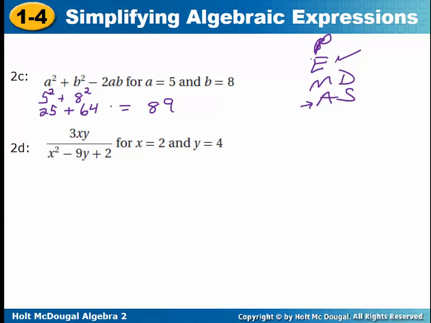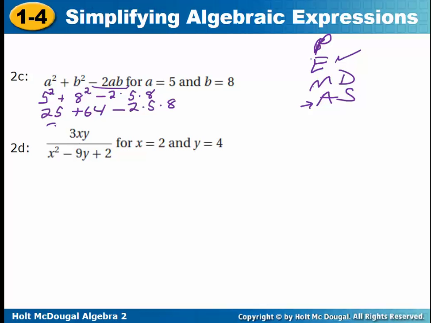Oh, I forgot the minus 2ab. So I will go back and go minus 2 times 5 times 8. Let me erase this. And then that means that right here I would have some multiplication to do. So here's our 25 plus 64 minus 2 times 5 times 8.